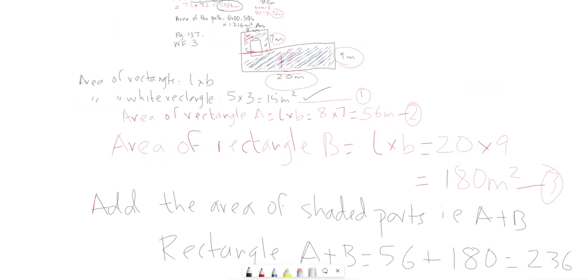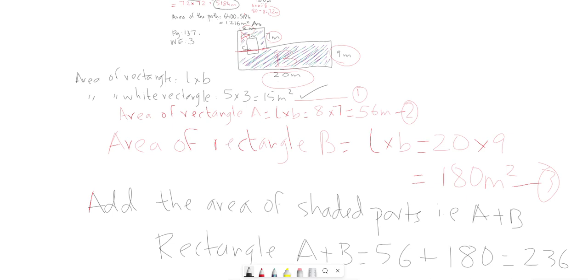So basically what we did was that first we found the area of the unshaded white part, whose length was 5 and whose width was 3. The answer was 15 meter square. Then we divided the composite shape into two rectangles, A and B. Area of rectangle A was 8 multiplied by 7, which gave us 56 meter square, and area of rectangle B was 20 multiplied by 9, which gave us 180 meter square.